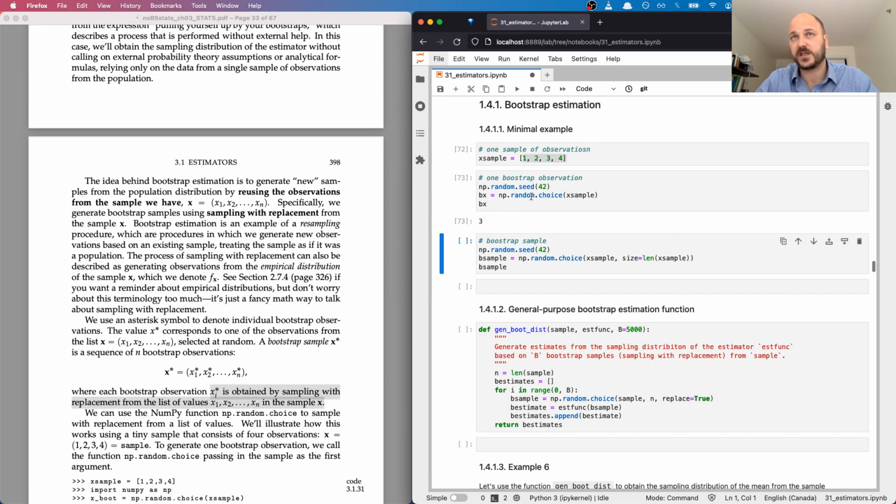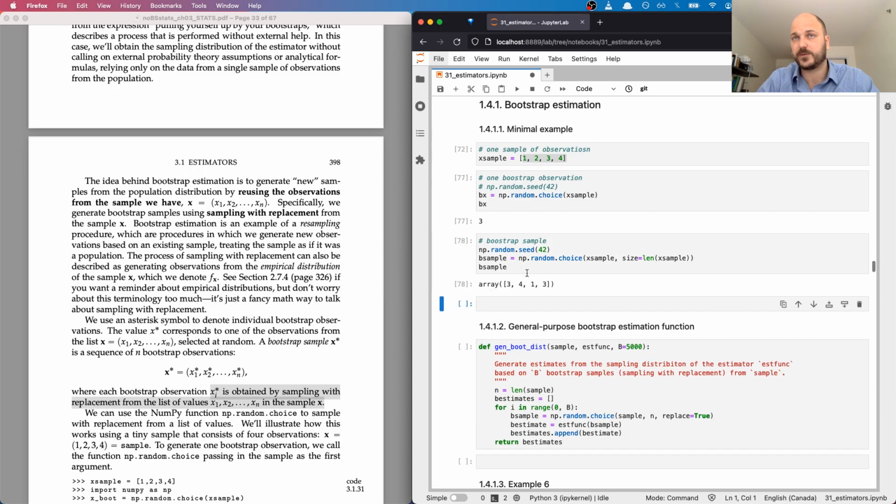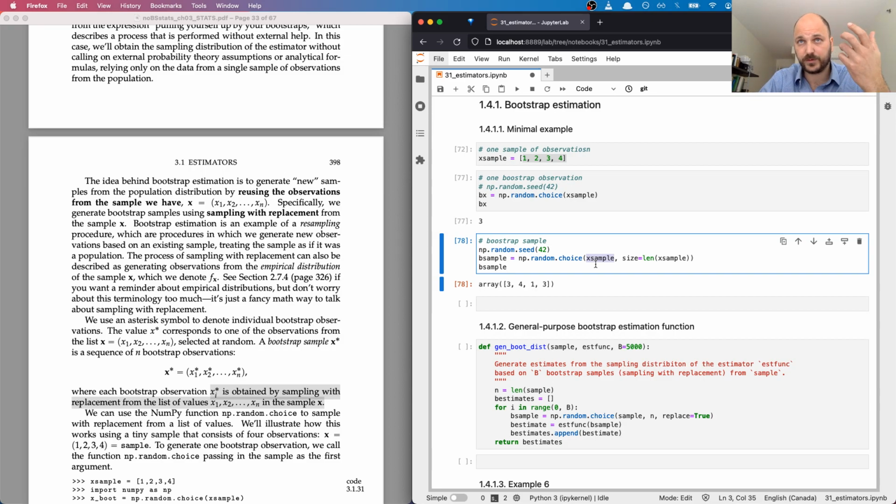So this is saying give me one observation from this sample, and it randomly chose one of the values, and we got 3. If we run this again, we're going to get a different one. So every time you choose randomly from the sample, you're going to get a different observation. And this is what happens if you say this is random selection with replacement from the X sample. And we want to generate samples of the same size as the original sample.